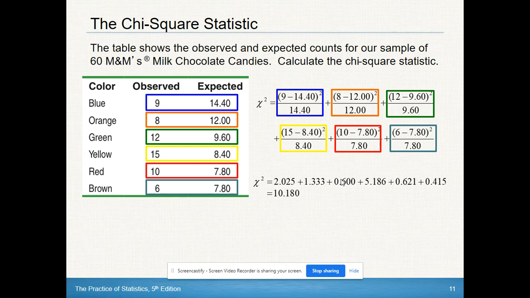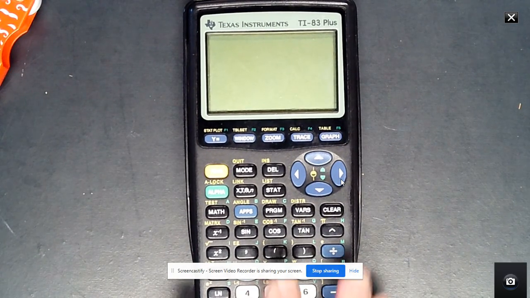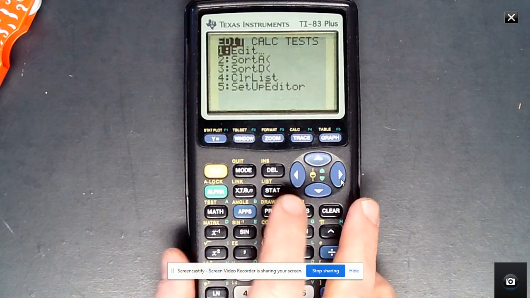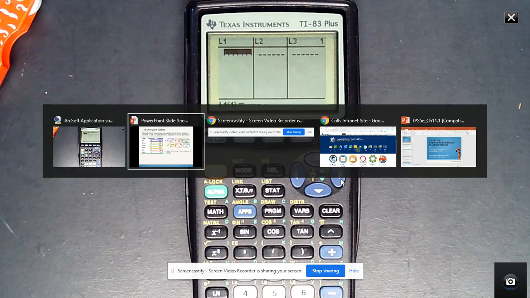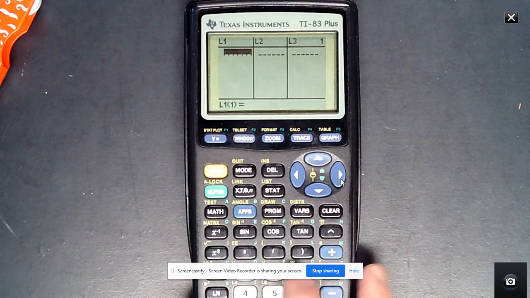Now, I'm just going to very briefly show you how to do this on the calculator. So bear with me. Here's our calculator. The first thing you want to do is go into Stat, and then go to your tables. We're going to put in all these values, so just bear with me. We have 9, 8, 12, 15, 10, 6.